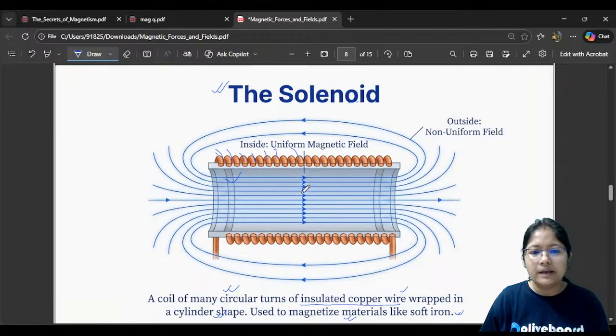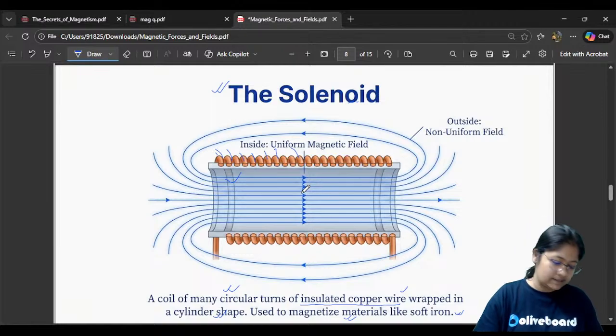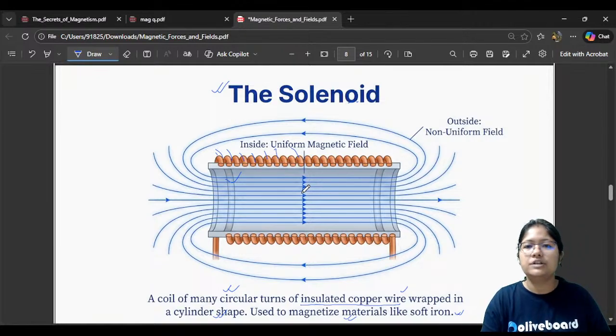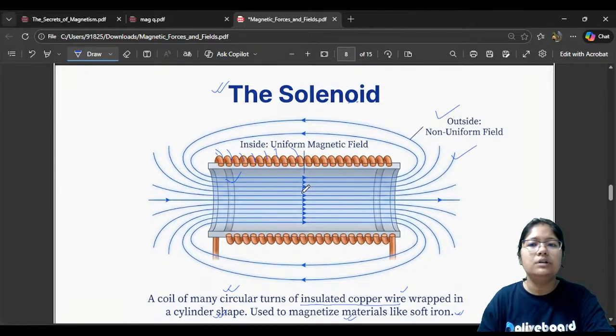The coil has many circular turns, and it will generate the uniform magnetic field. How will it generate a uniform magnetic field? Because the coil is uniformly wrapped, as a result of which it will produce the uniform magnetic field. But if you see outside, it will show a non-uniform field. Why?